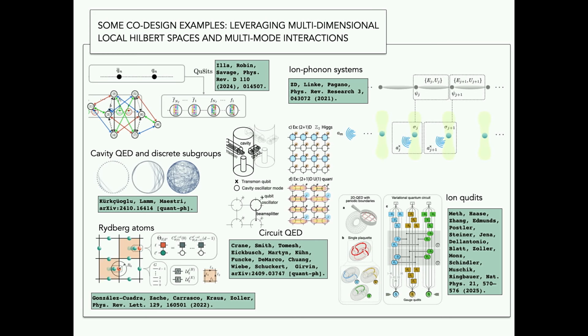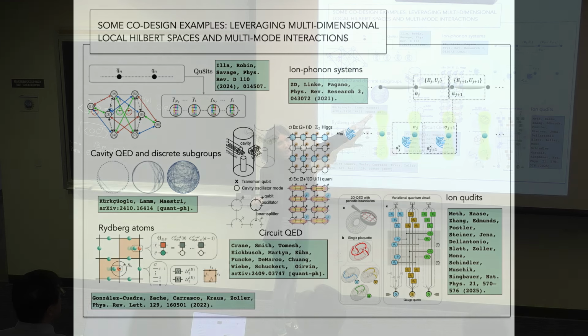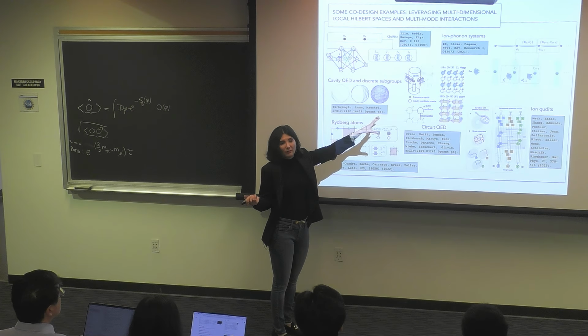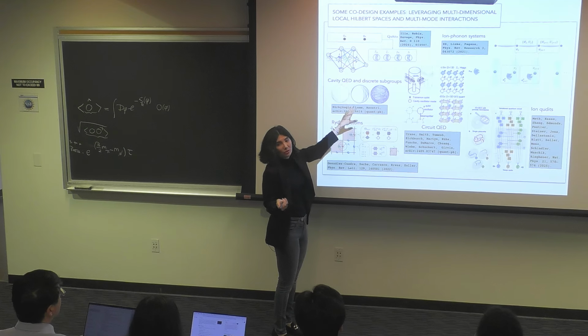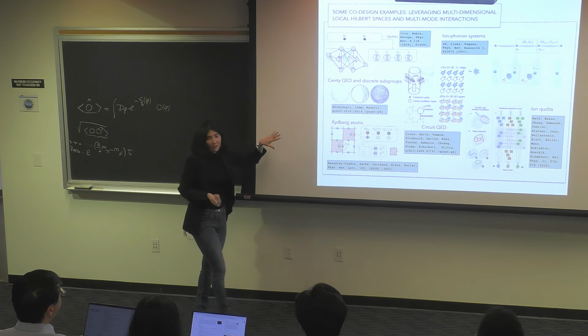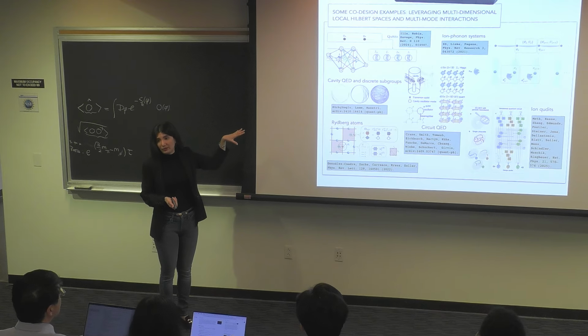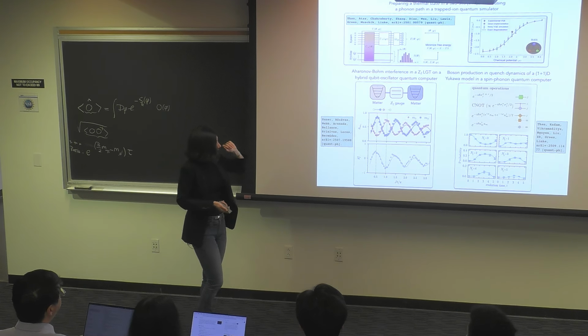For example, if you have a Rydberg atom, maybe you can implement these magnetic interactions in gauge theories more naturally. If you have phonons in the quantum computer, maybe you can leverage them to encode your boson degrees of freedom, your gauge bosons, and so on. This is also a very active frontier, if you're interested.